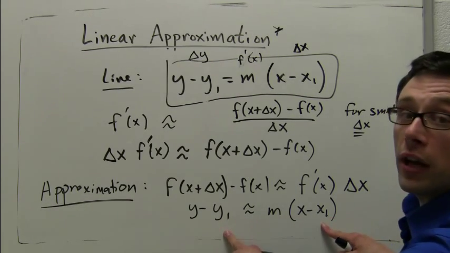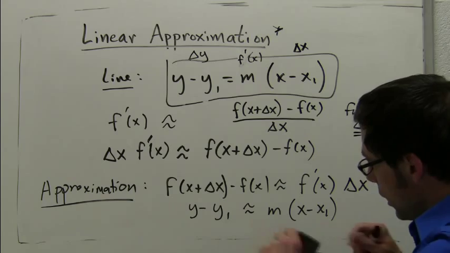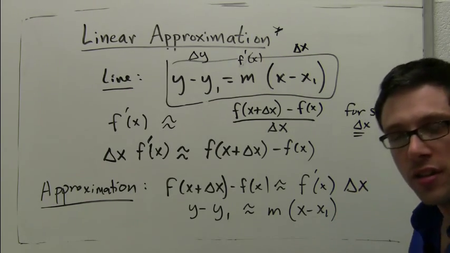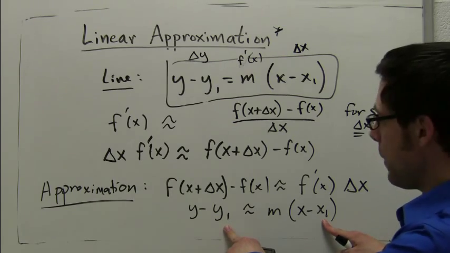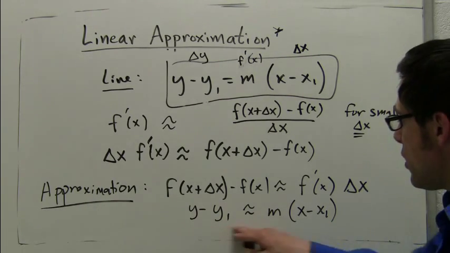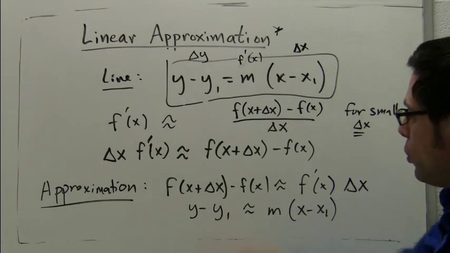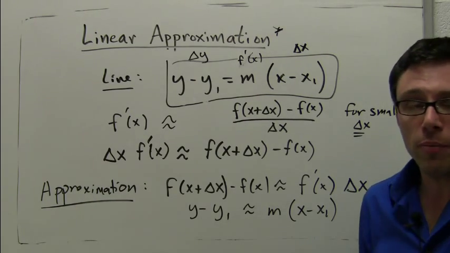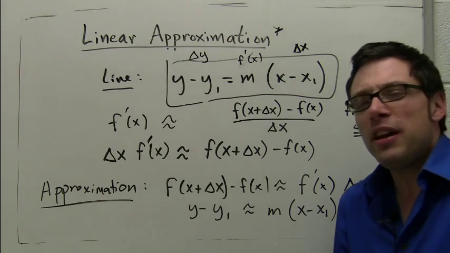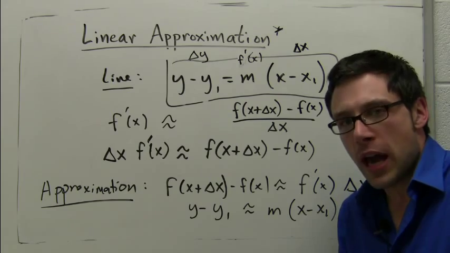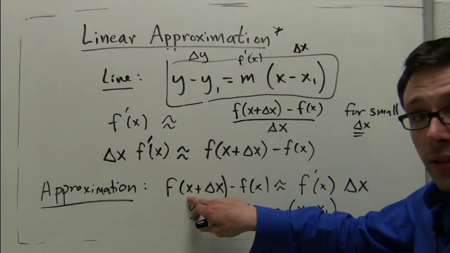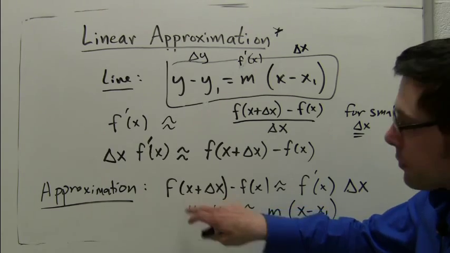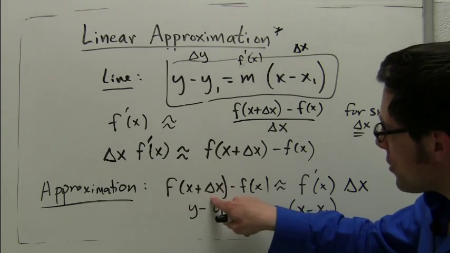The tangent line touches the function f at the point x1, y1, right? And I can use this idea to get a linear approximation, right? Approximate the function slightly away, some slight x distance away from the x that I'm at. In other words, here's x plus a little bit more.